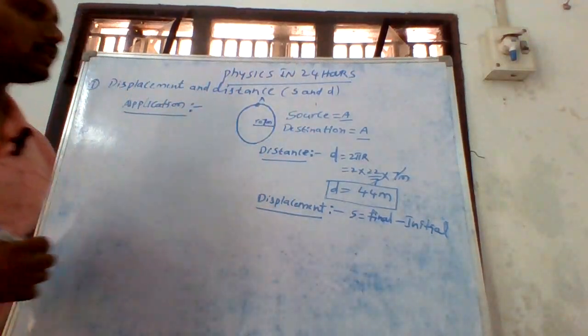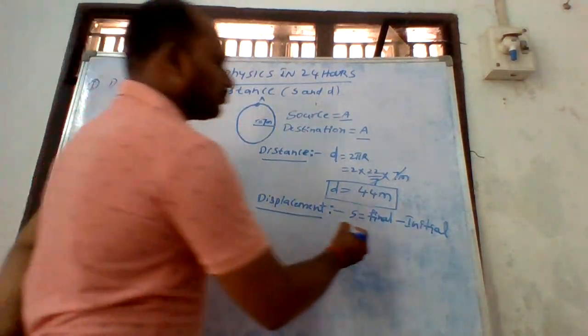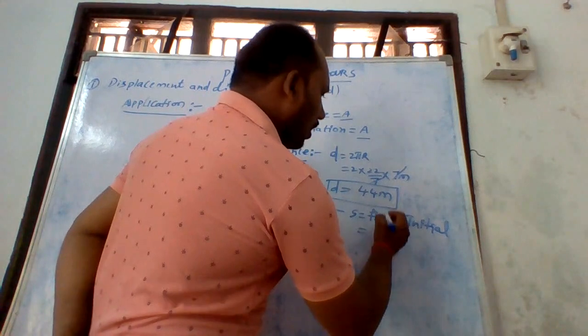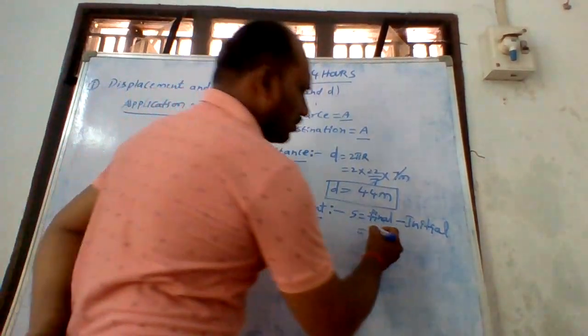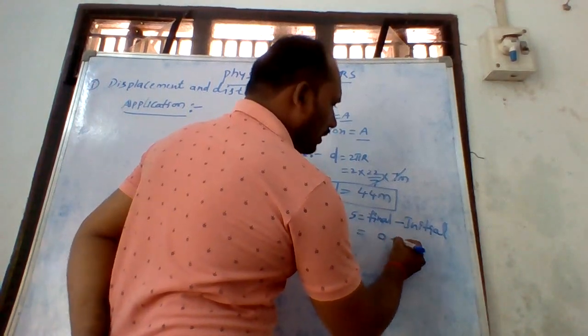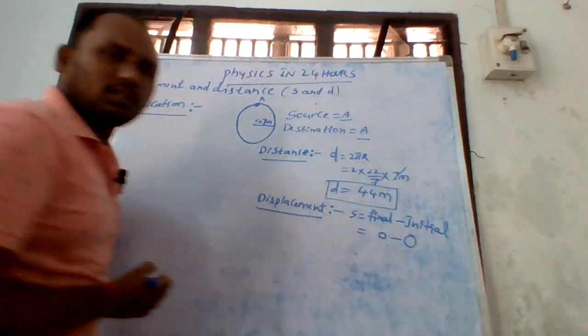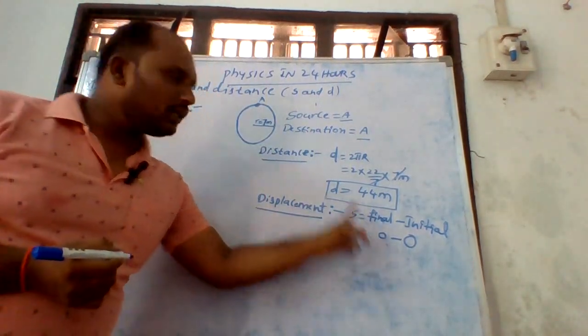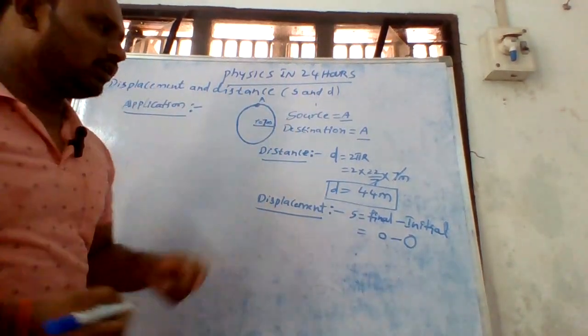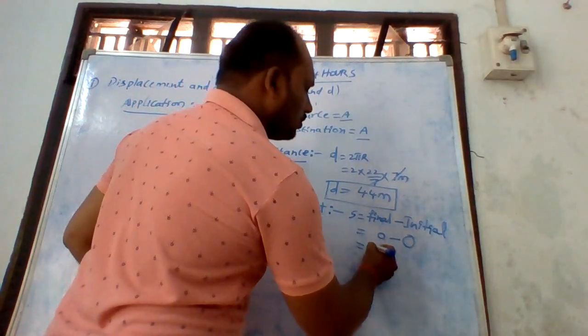Final minus initial. What is the final here? We have returned to the same point, so the final is 0 and the initial is also 0. So 0 minus 0. Starting point is 0 only, ending point also 0 only. So what we get here? 0 meters.